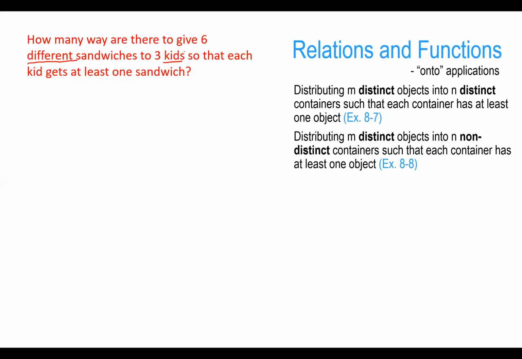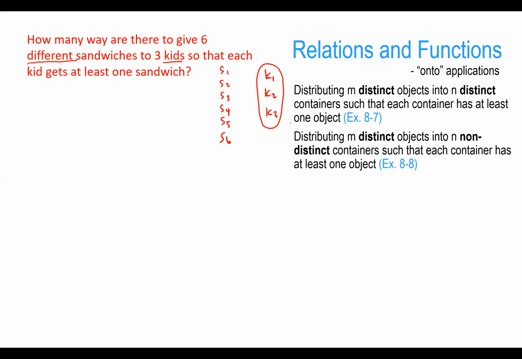So you can look at this as, I have sandwich 1, sandwich 2, sandwich 3, right, all the way up to sandwich 6. And then I have kid number 1, kid number 2, and kid number 3, and then distributing these sandwiches to the kids. But I want all the kids, right, to have at least one sandwich. I don't want them to go hungry.